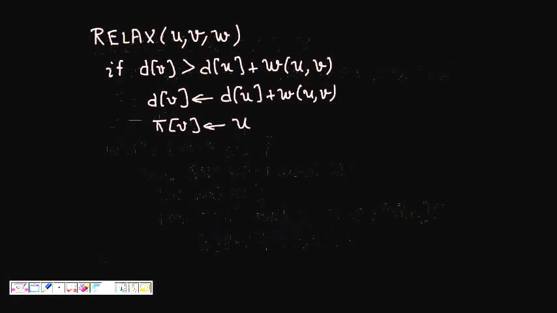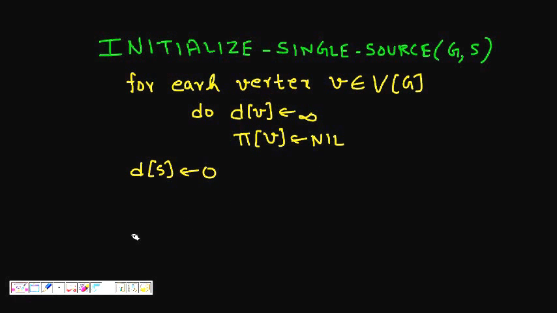Before that, some of the data structures that we will maintain for this algorithm: one is d of V, the distance of node V from the source node S. Here distance of course means the shortest distance that is found till that particular iteration.